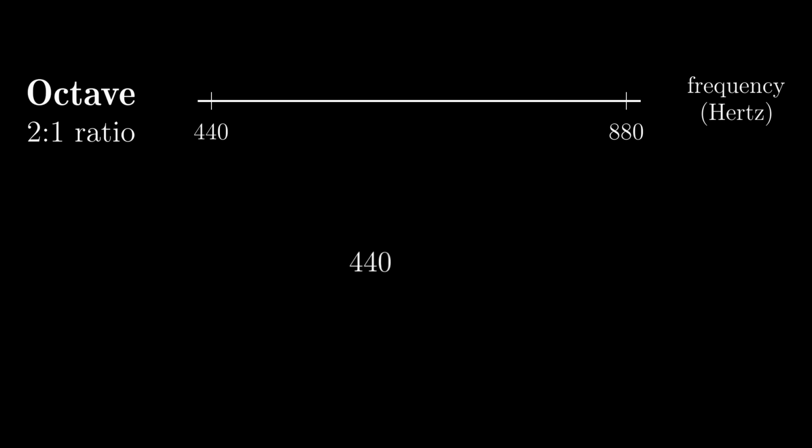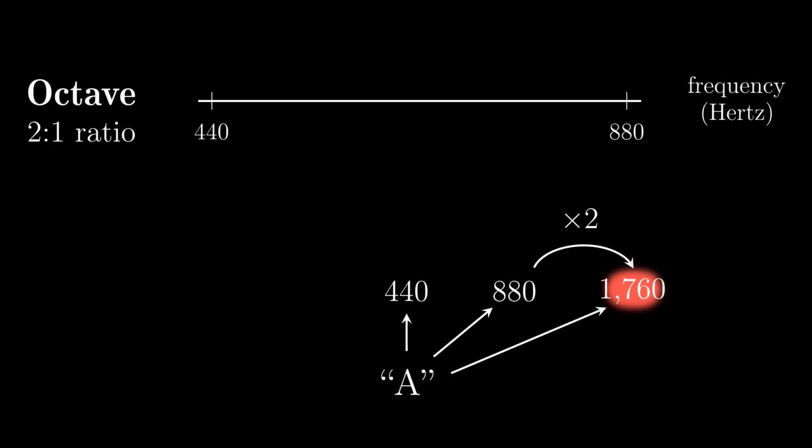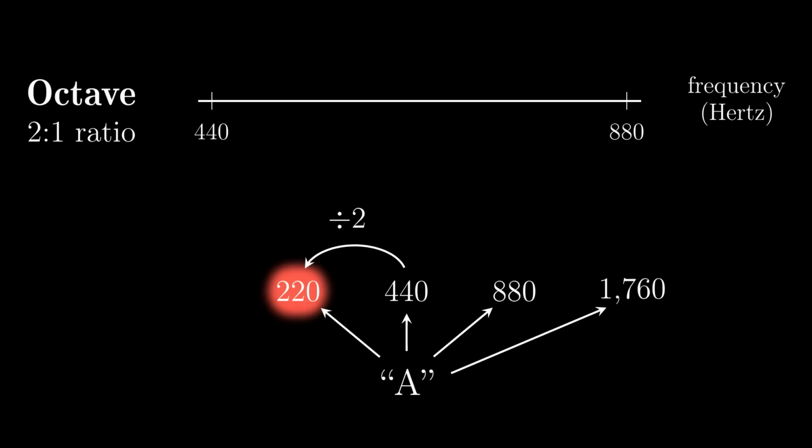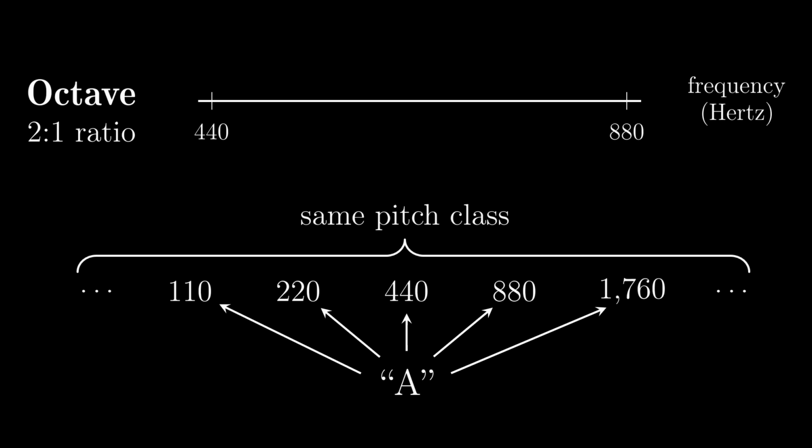For example, a 440 Hz tone is called an A, and so is the tone one octave above with 880 Hz. Or 2 octaves above, 1 octave below, and so on. And all these A's belong to the same pitch class.